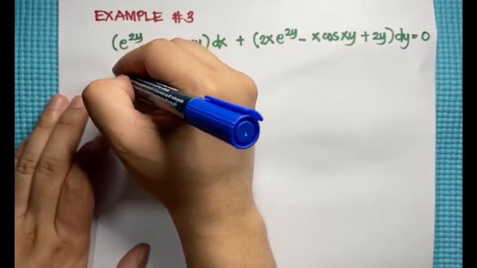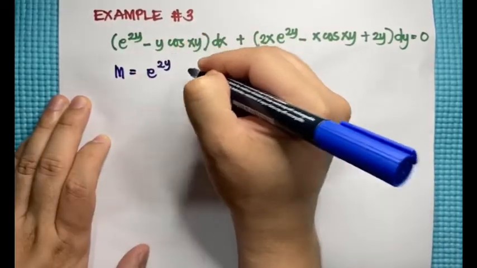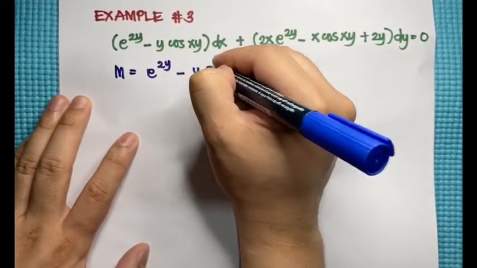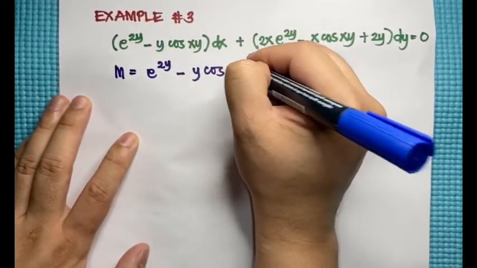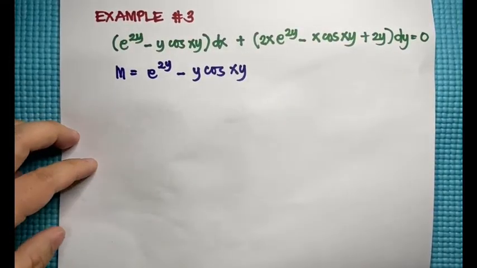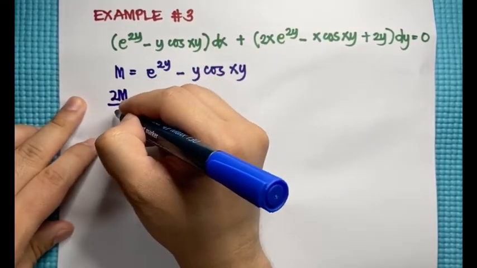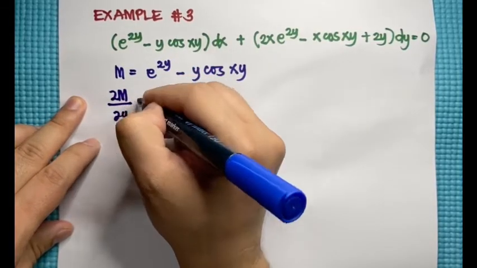I'll just be using m here, to be equal to e raised to 2y minus y cosine of x and y. And then I will be deriving this one with respect to y.